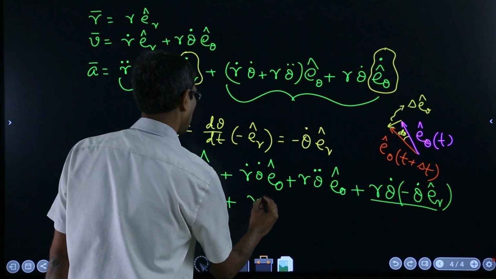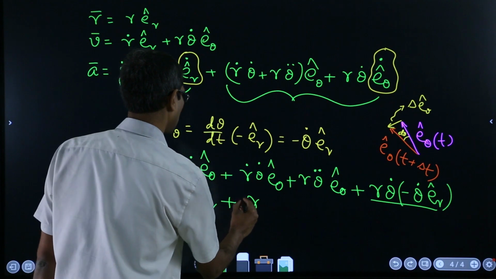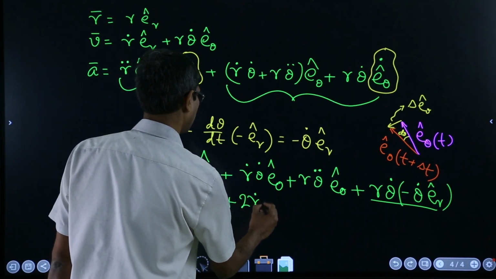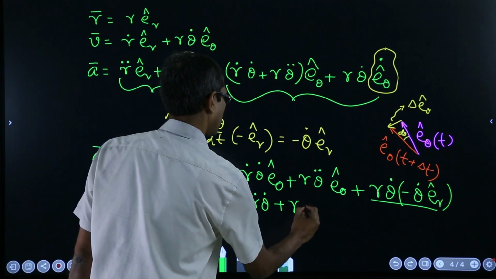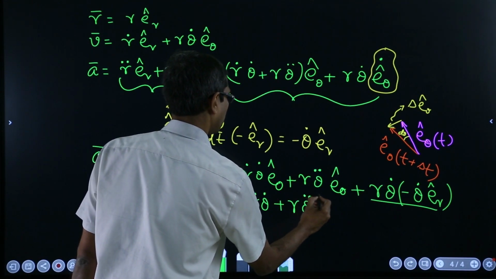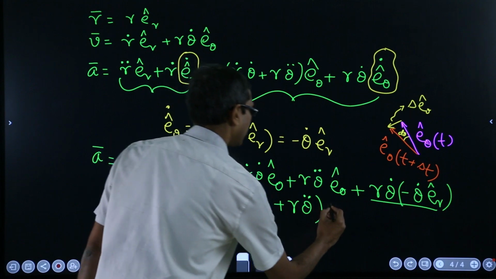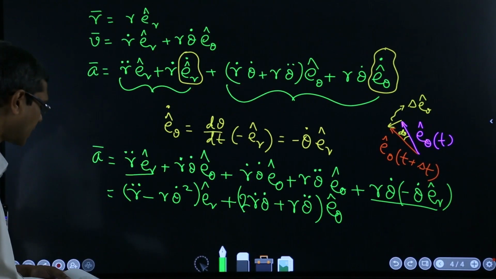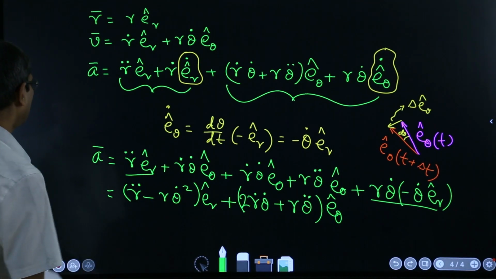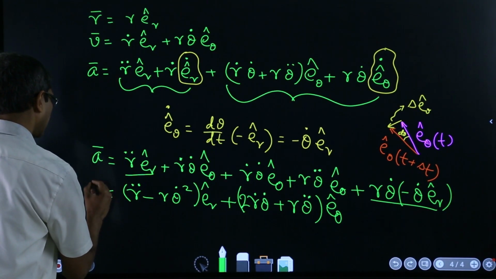So there are two terms like that, so 2 r dot theta dot plus r theta double dot, and this is E theta. Okay. So that becomes your acceleration.